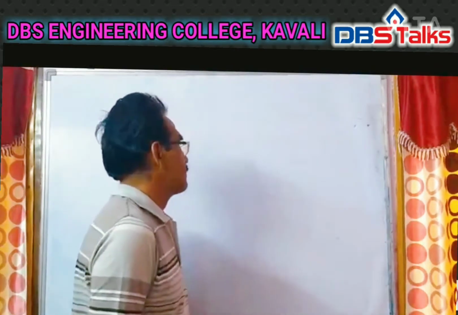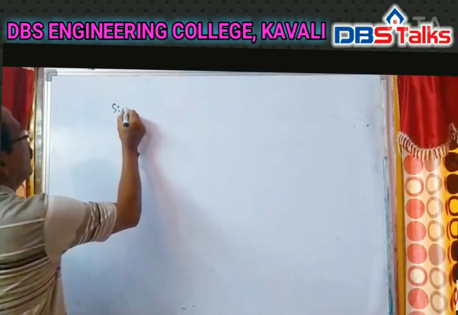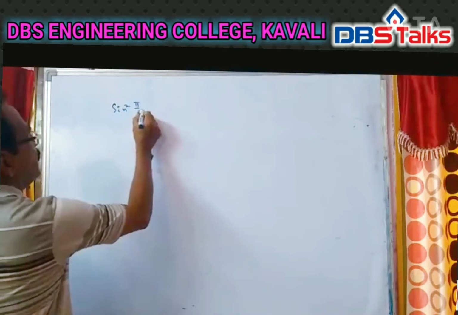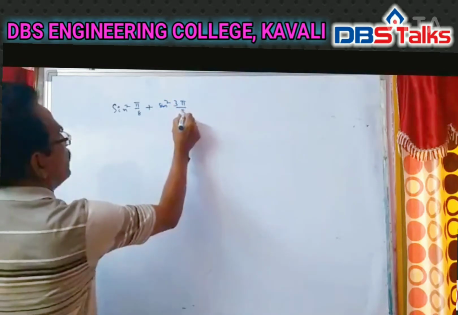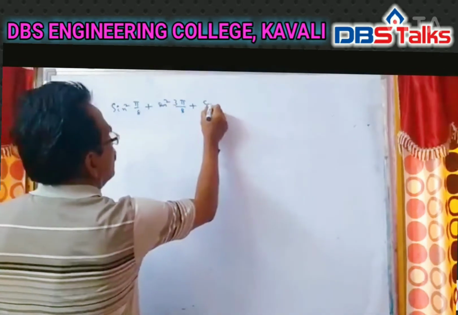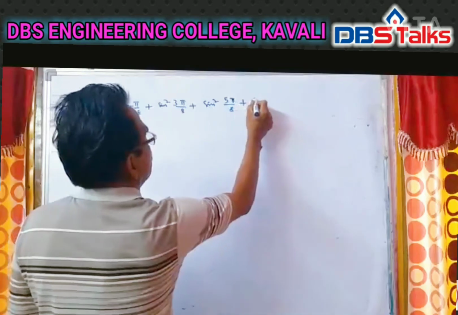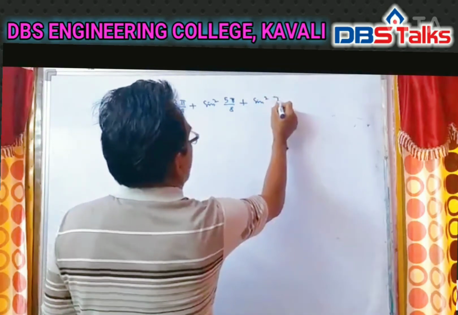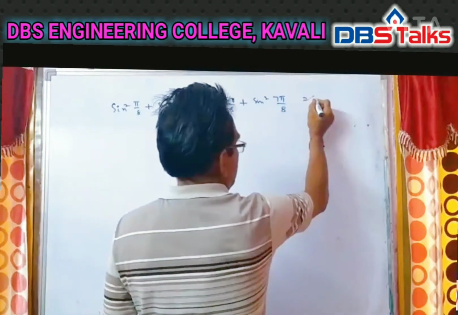Today let us do 4 more problems in trigonometry. The first of which is sine square pi by 8 plus sine square 3 pi by 8 plus sine square 5 pi by 8 plus sine square 7 pi by 8 is equal to what?